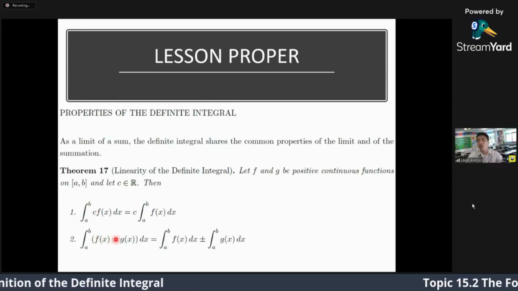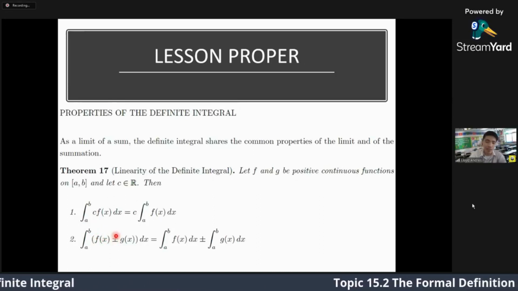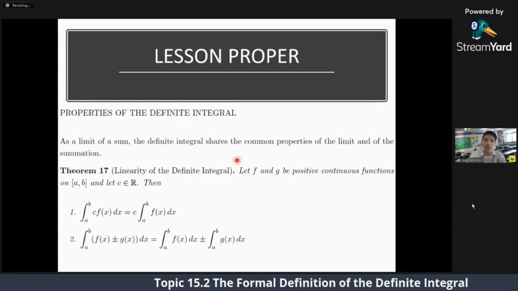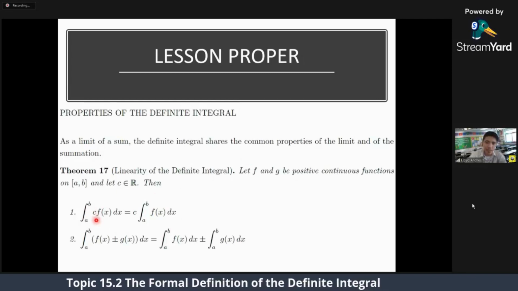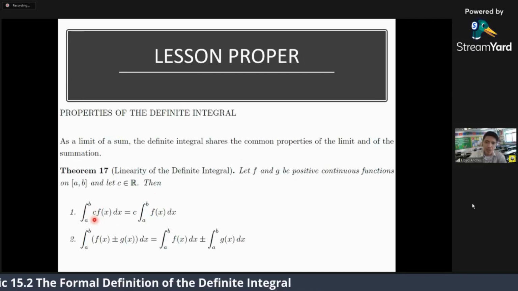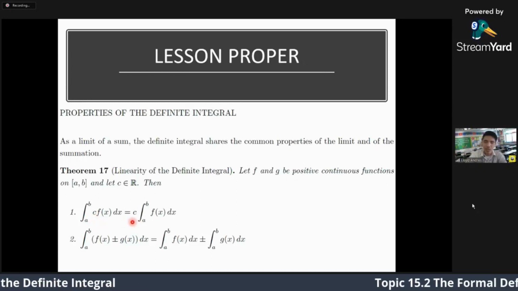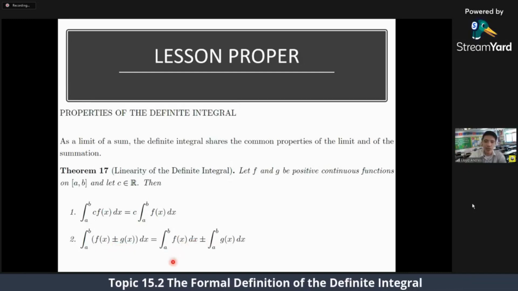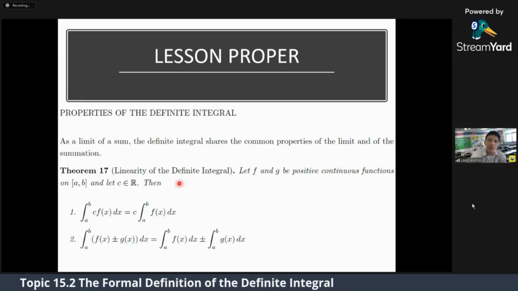Since ang atoang integral involves limit of the Riemann sum, so kung unsa tong property sa limit, mao pod. Like pareho ani, kung constant multiple, pwede ra nimo ipalabas si constant. Tapos addition and subtraction ng mga functions, pwede ra nimo isa-isahon. So makapasabot ani theorem 17.